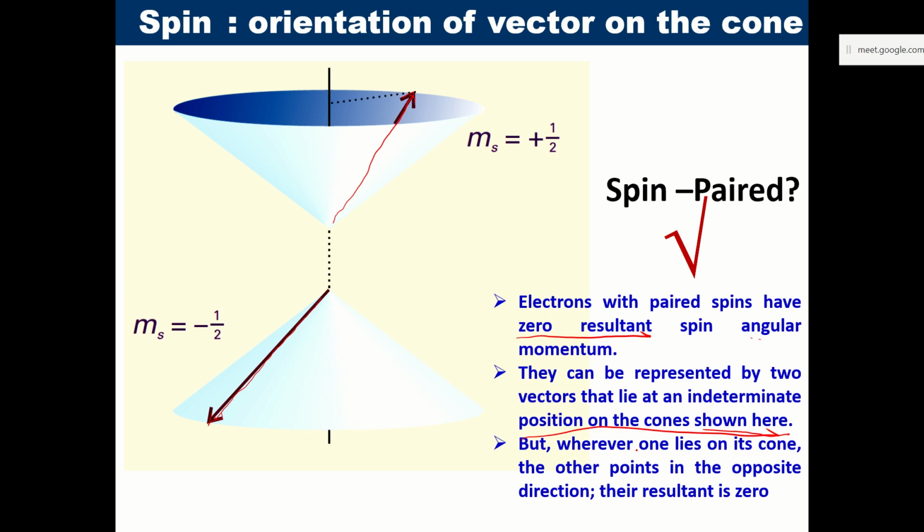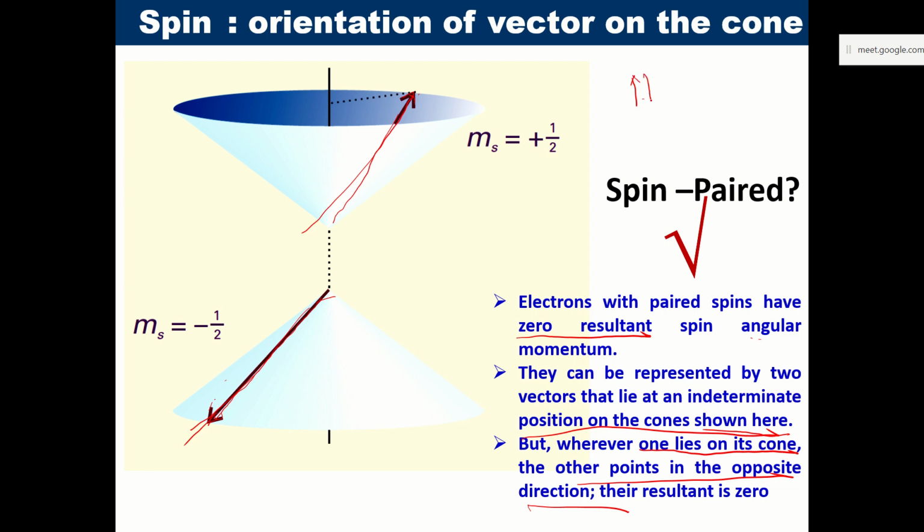So if one lies on its cone, the other points in exactly the opposite direction to make the resultant zero. So one is pointing in this direction and this one is pointing here. That's how it is cancelling out totally. When you were showing it like this, you were only cancelling out the z component.